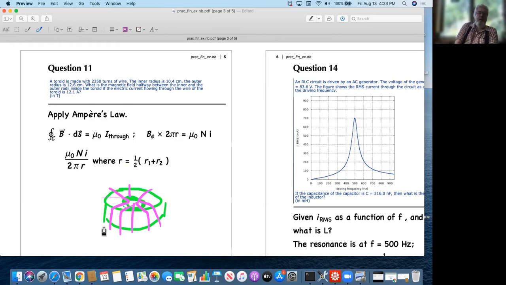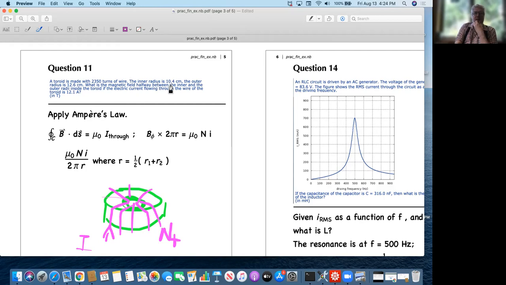Now, there's current around these wires. So let's say the current is in this direction. So there's a current I. And there are n turns of wire, 2,350 turns.